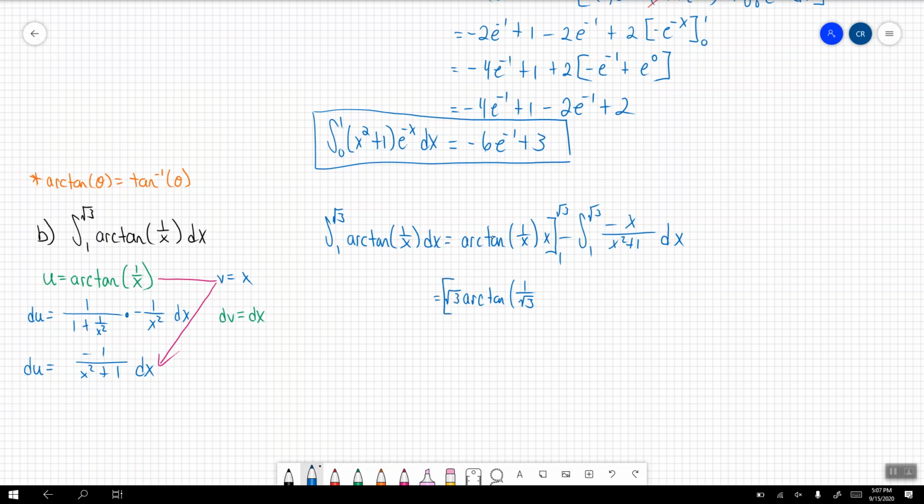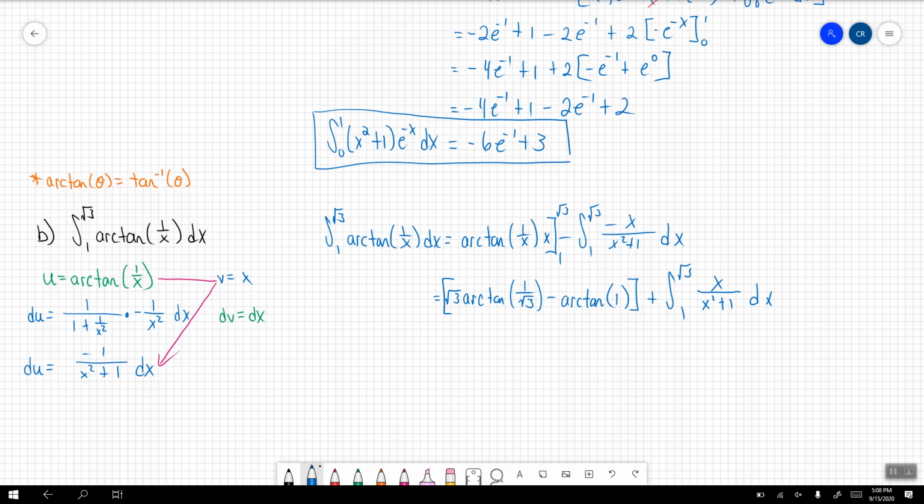So square root of 3 multiplied by arctan of 1 over root 3 minus 1 times arctan of 1. All right, that's looking good. Negative and negative, that's going to be a positive. And so that's going to be plus the integral from 1 to the square root of 3 of x divided by x squared plus 1 dx. Wow, that's looking very good. That's looking very promising for us.